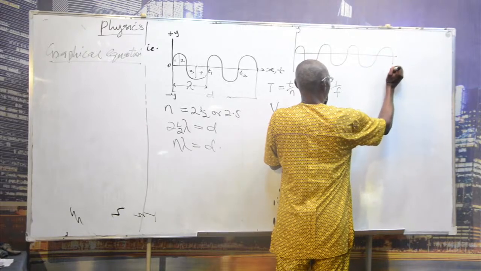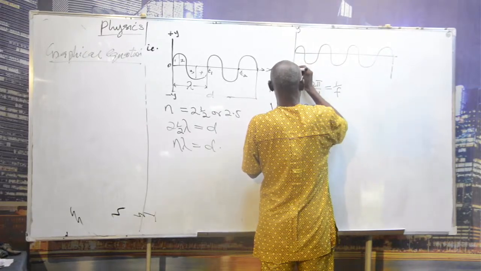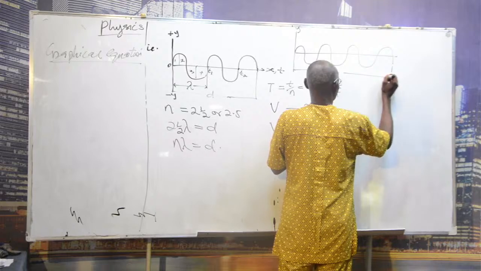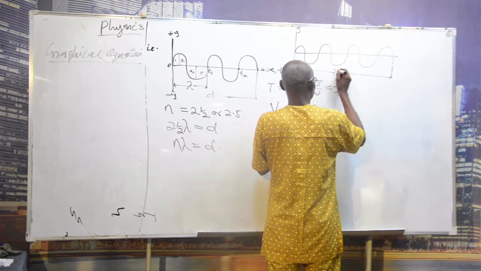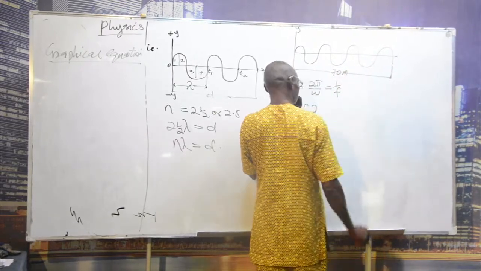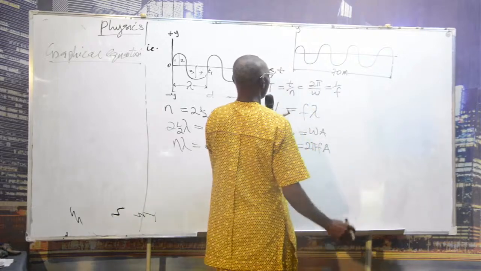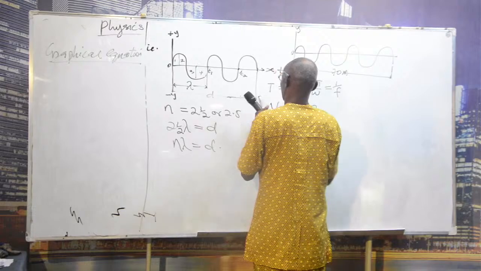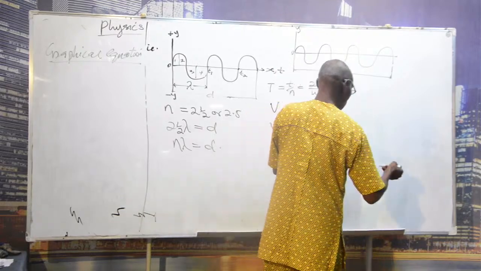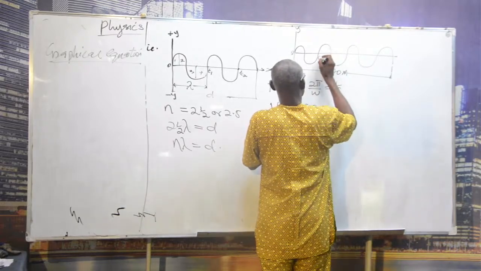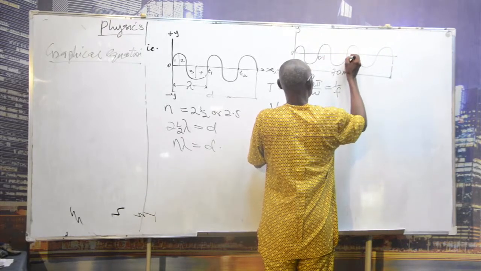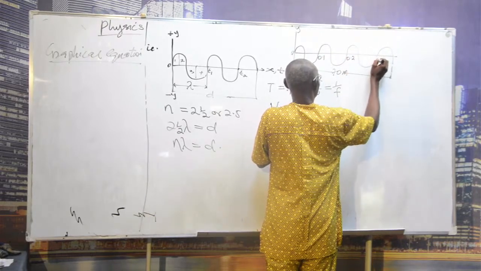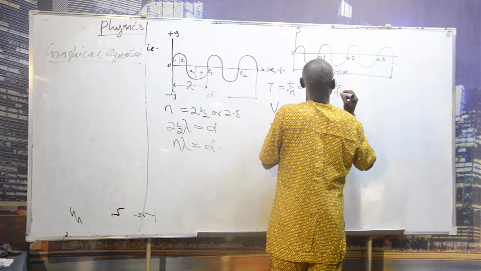This is 70 meters, and this is 0. But this point is 0.1, here is 0.2, here is 0.3. That's just the way it is named.